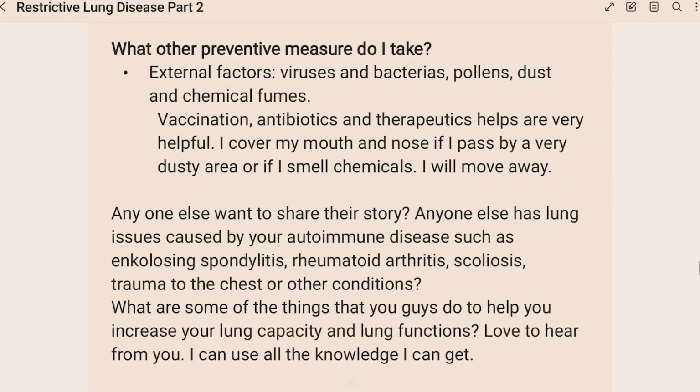There are a bit of preventive measures that the doctors would always tell you because of the lower lung capacity. Certainly, you've got to watch out for viruses and bacteria, and sometimes if people are having allergies, pollens and other allergy things that can get into their bodies.